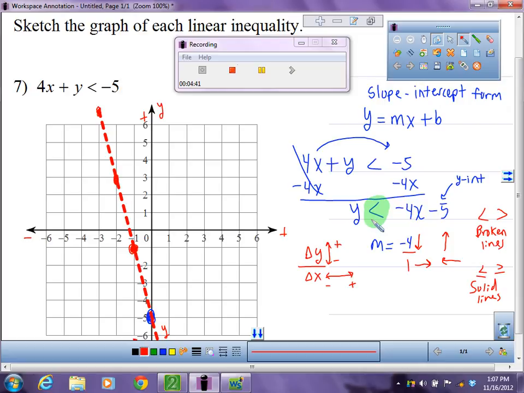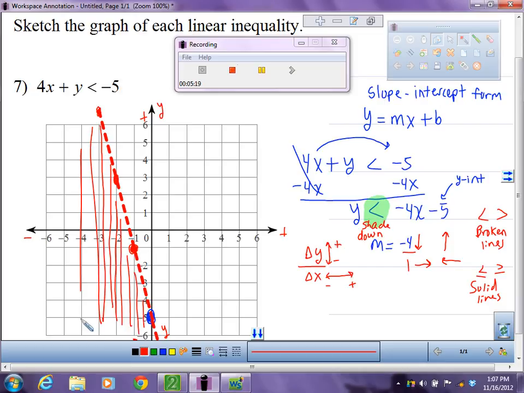So in this case, if y is less, then I need to shade down, because my left side would be down here in the bottom. I pick any point on my graph and I just shade down, just like the y, and it just so happens that it's this side over here that's being shaded. That means that any point on this side would be a solution to my statement here. Okay?